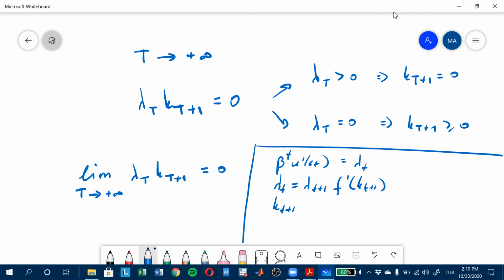Then you have kt plus 1 plus ct equals f of kt, all right? Then you again have the initial condition, and then you have, of course, the transversality condition, okay? And in most of the time, we replace lambda t there, so you have beta t, u prime ct, kt equals 0. Okay? So that's it.